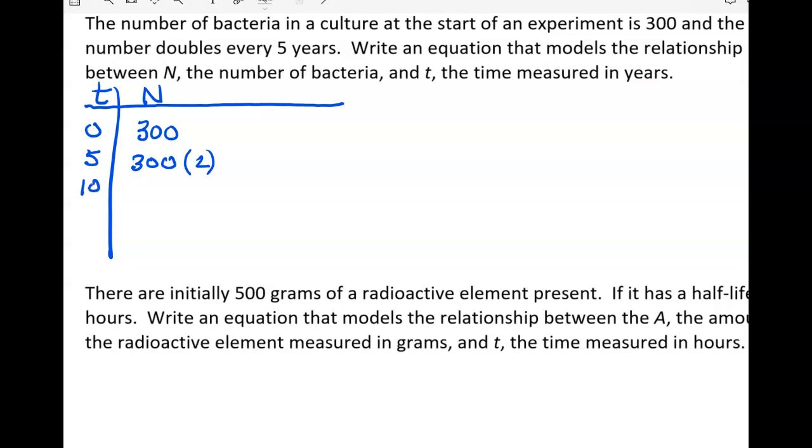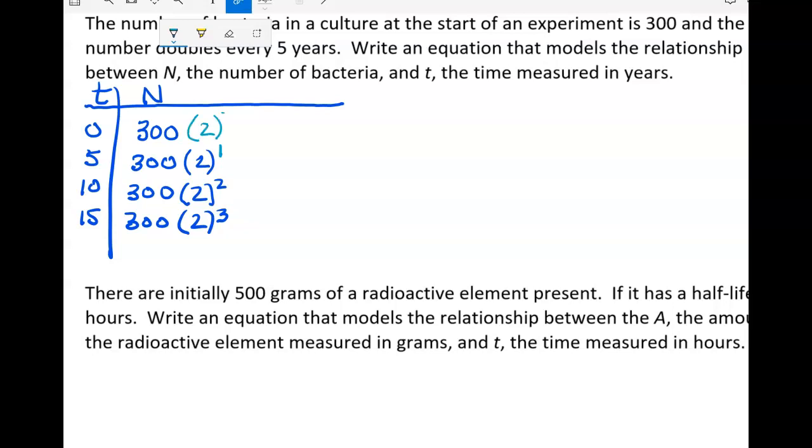After another 5 years, so at t equals 10, that number would be multiplied by 2 once again. And at t equals 15, or another 5 years, that number will be multiplied by 2 again. Let's fill in some assumed values here. The exponent on the 2 in the second row is 1, and in the first row here, the exponent on the 2 should be 0.